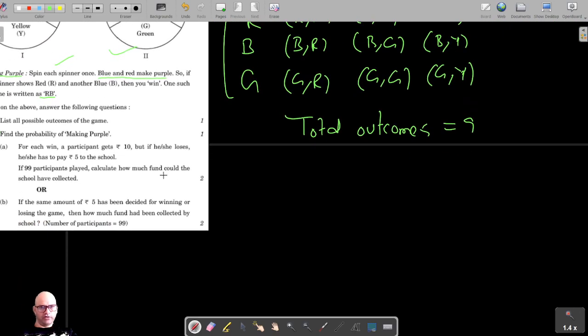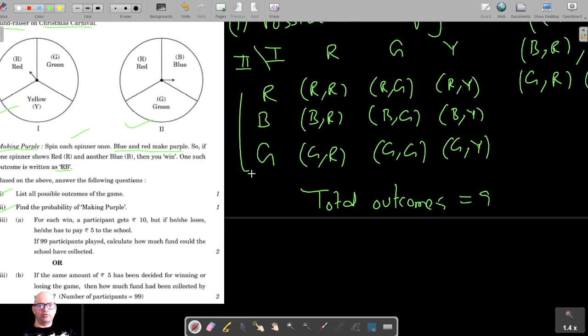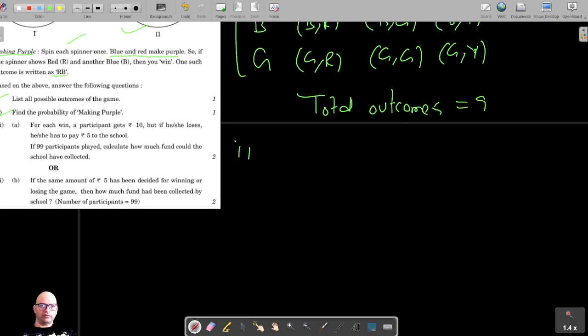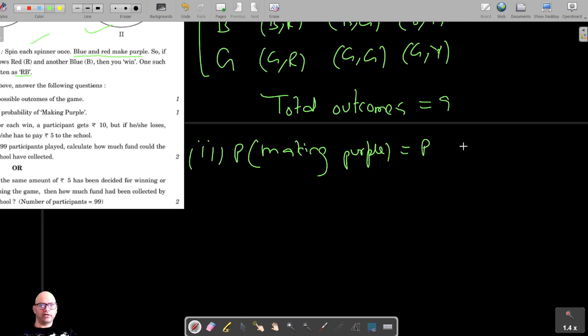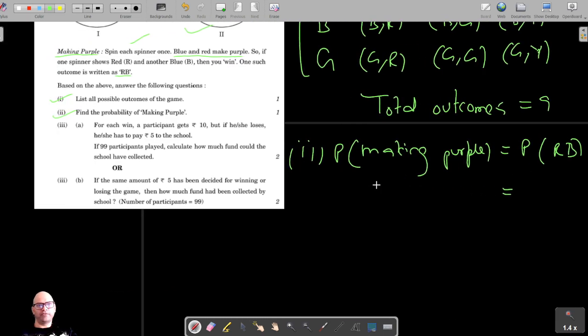Now we have to find the probability of making purple. Purple is made when we have red and blue. So the probability of making purple is the probability of red and blue.